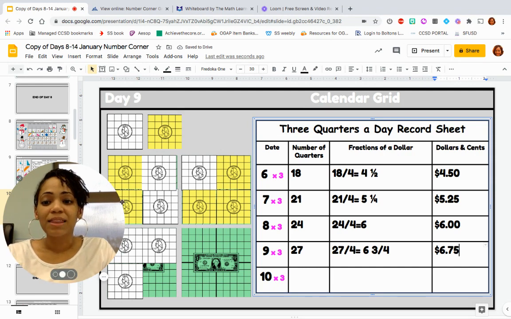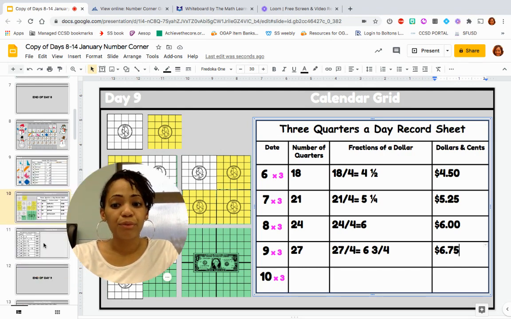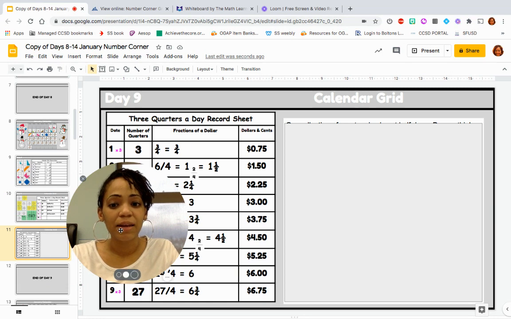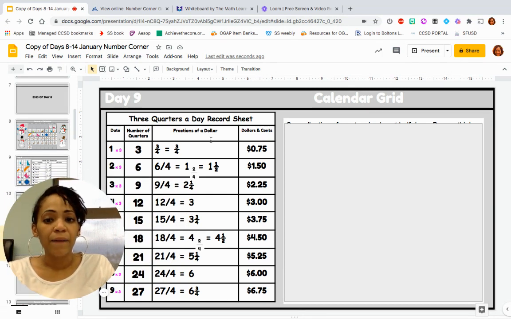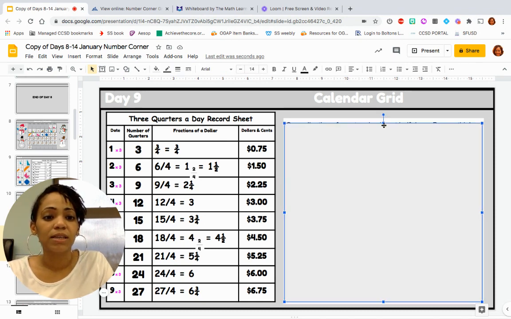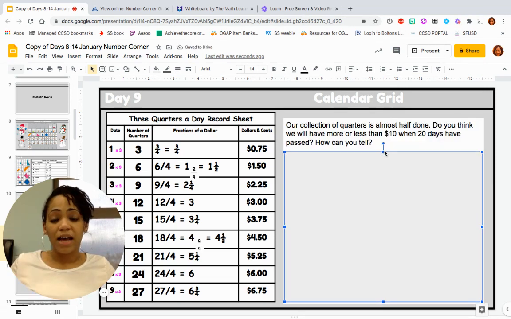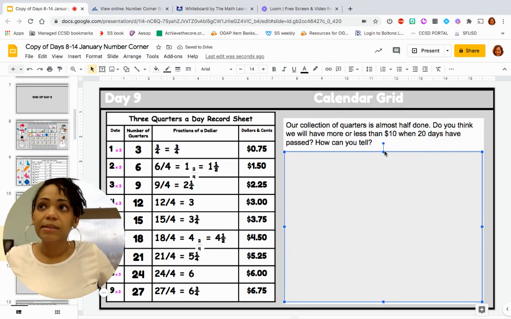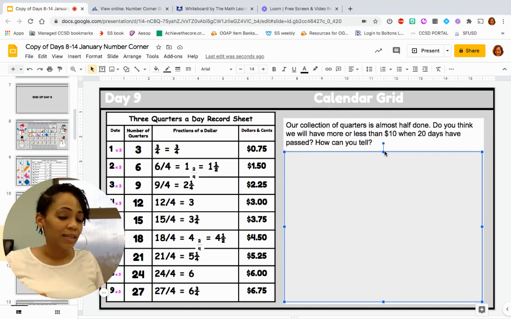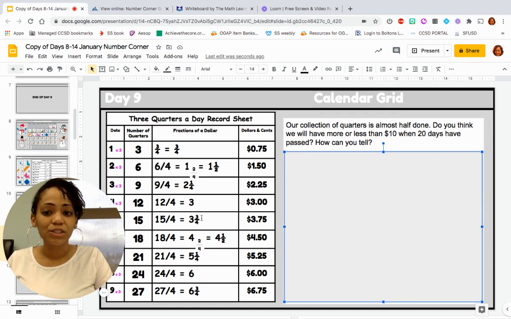All right, let's now talk through some of these observations that we can make from our calendar collector. So my first question to you is this. We're almost halfway done. I believe there are 19 school days in January.